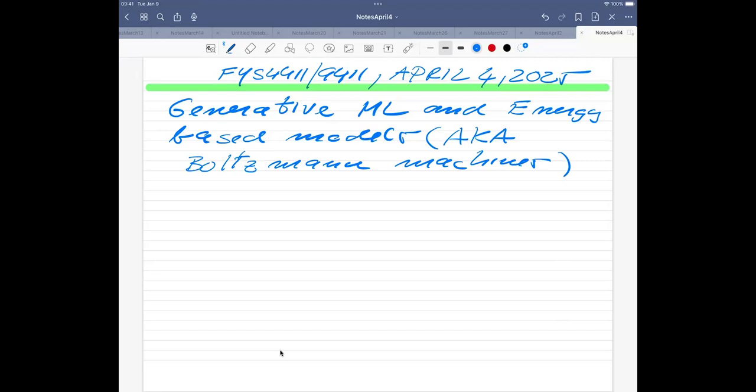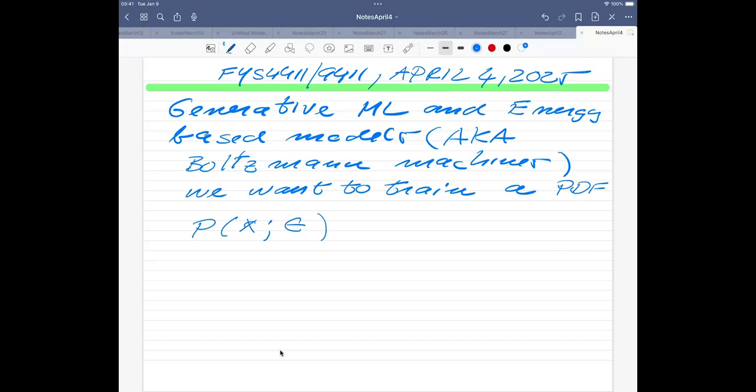So the thing is that we want to train a probability distribution function, PDF, which I'm just going to label P(x). And then we have a set of parameters, so theta are the parameters.